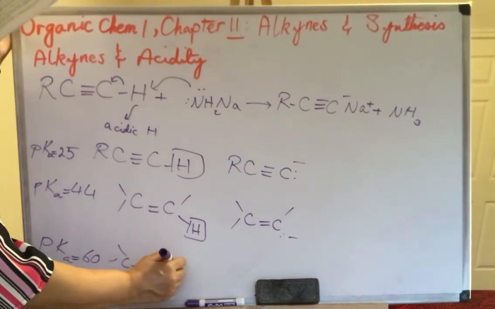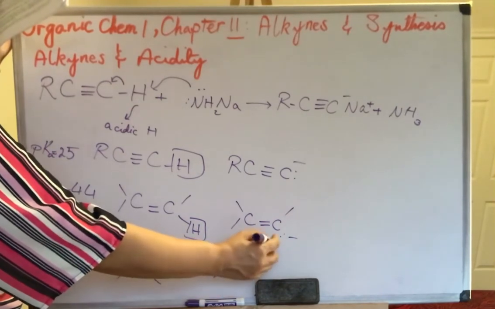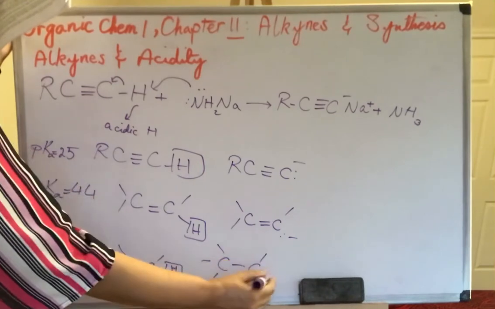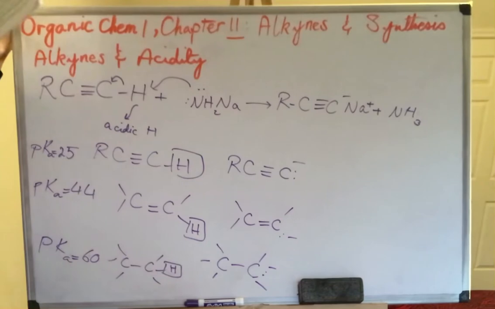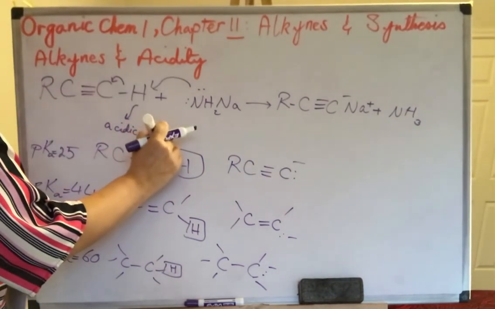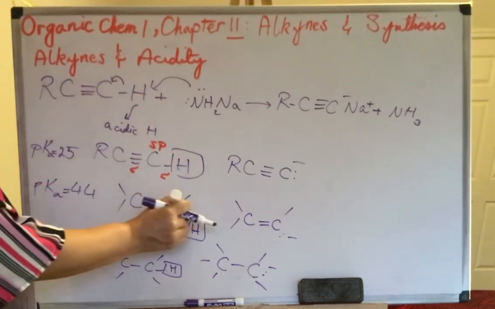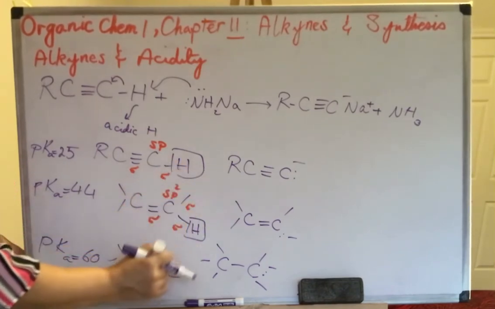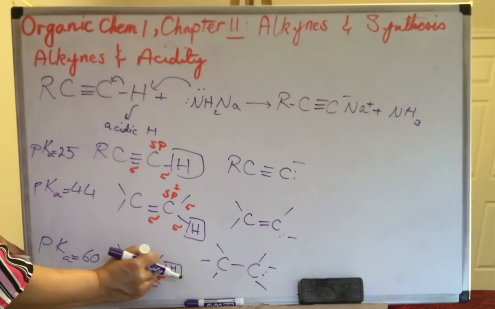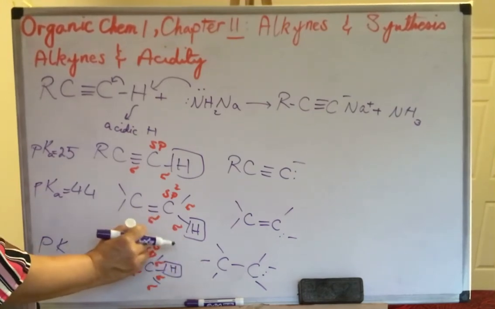So we are talking about an sp carbon, right, the hybrid, because we're just counting the sigma bonds. Here we're counting the sigma bonds, there are 3 sigma bonds, so the hybrid is sp2, and we're talking about 4 sigma bonds here, so the hybrid on each carbon is going to be sp3.